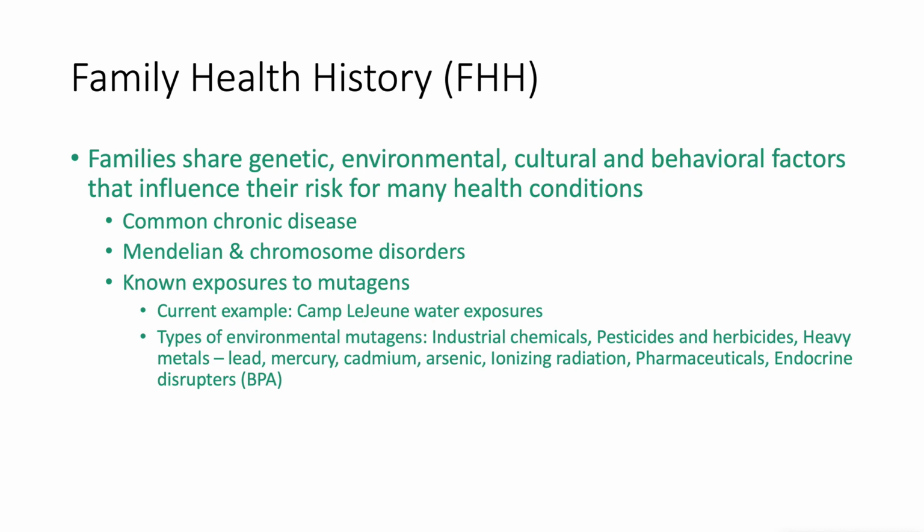There are other types of environmental mutagens too: industrial chemicals, pesticides, herbicides, heavy metals, and some are listed here. Some drugs and endocrine disruptors, BPA. You would ask people if, in your family, your parents, grandparents, known exposures to radiation or Agent Orange or any of that sort of thing.